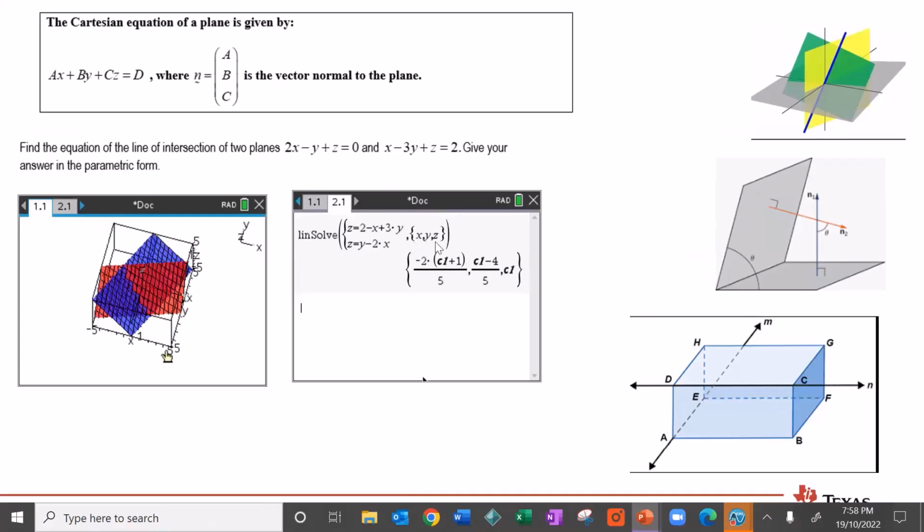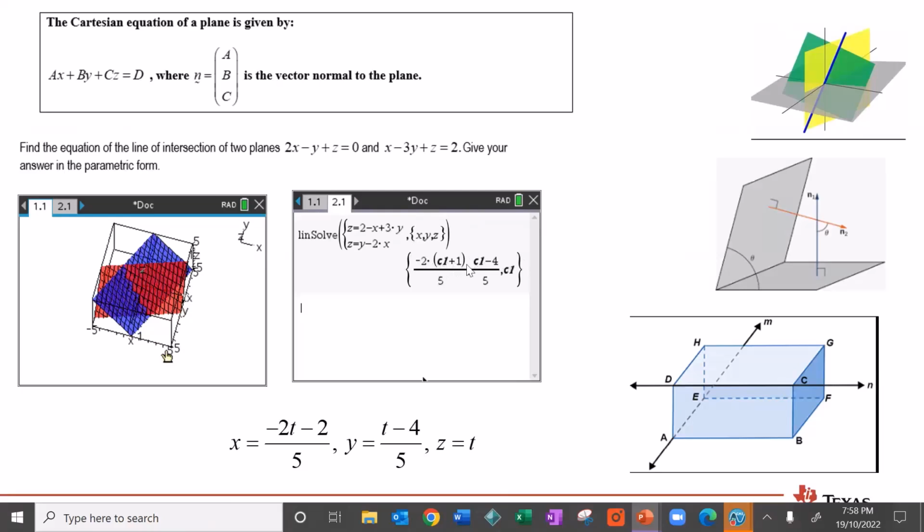Again, we need to remember we have three variables but two equations because these are two planes. And now these two planes, as we can see, intersect in a straight line given by this, which we showed before. That's how we translate this funny entry on the TI-Nspire.